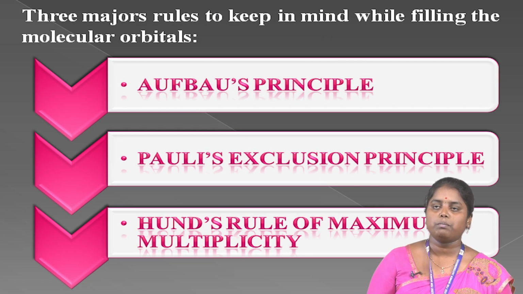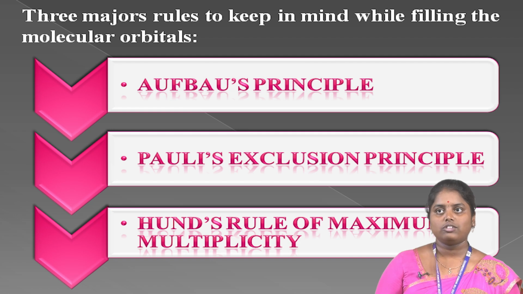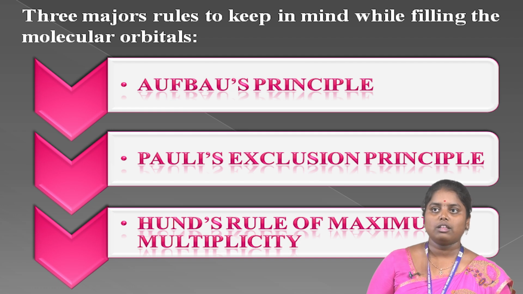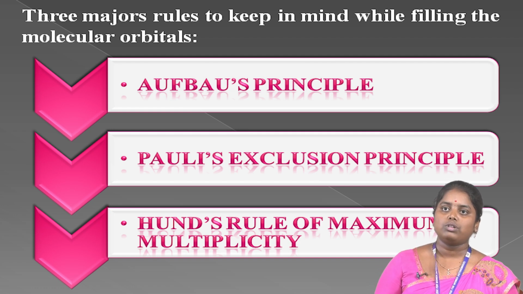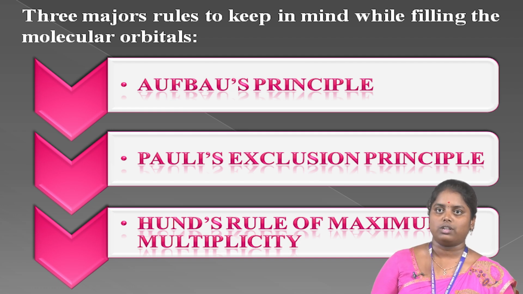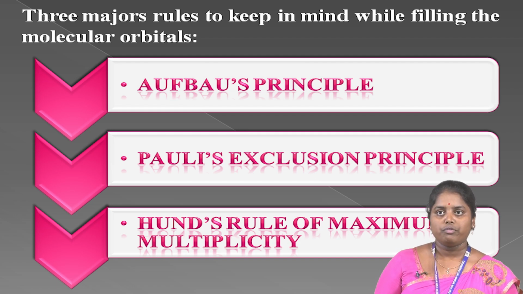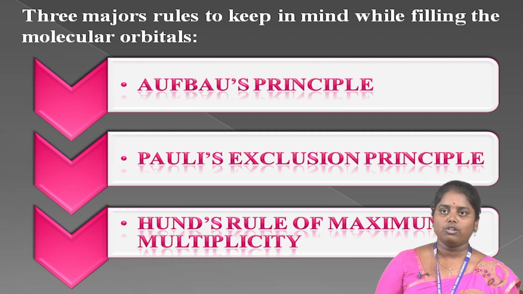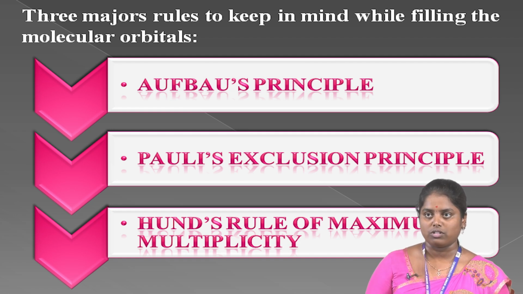Before seeing the examples for MOT, let's take a quick look at the three major rules that we should keep in mind while filling the molecular orbitals. First rule is known as the Aufbau principle. According to this principle, molecular orbitals are filled in the increasing order of energy levels. Second rule is Pauli's exclusion principle.